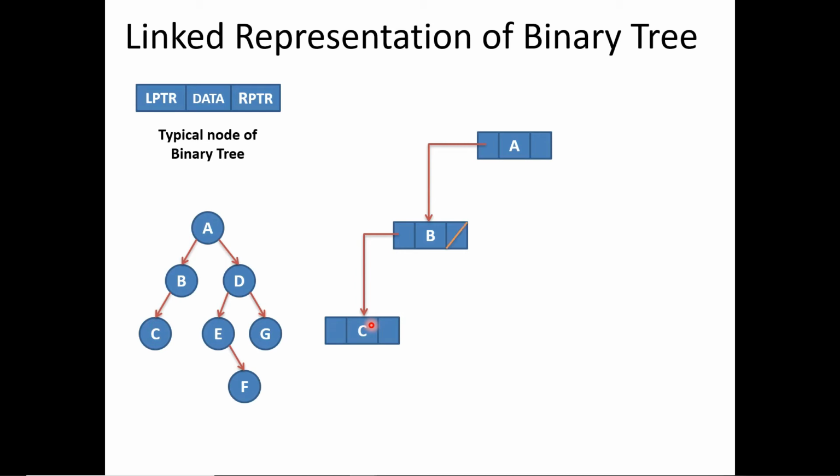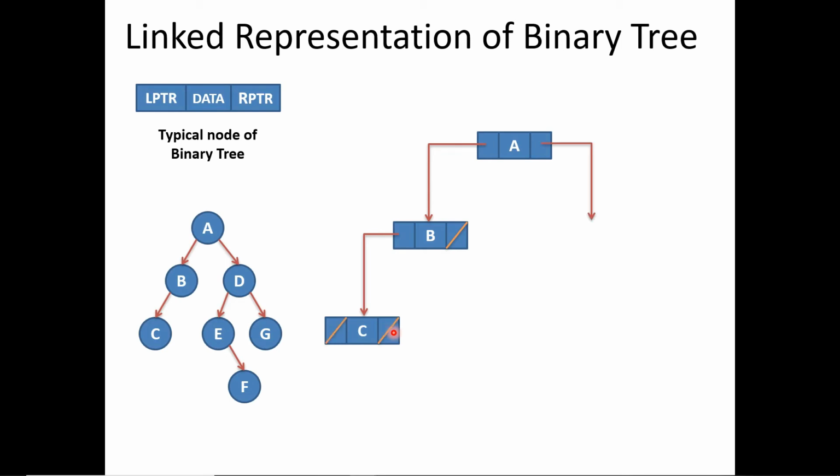Now B has no right child, so we have to put null in the right pointer of this node B. Now C has no right child or left child, so we have to put both the left pointer and right pointer as null.